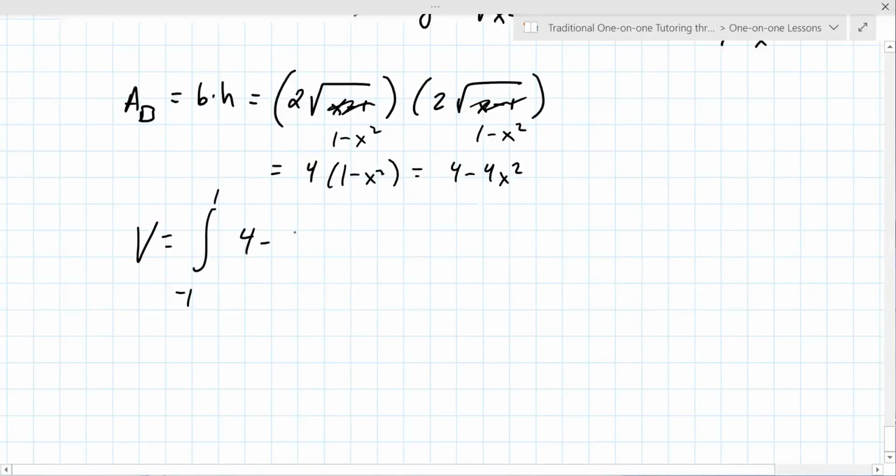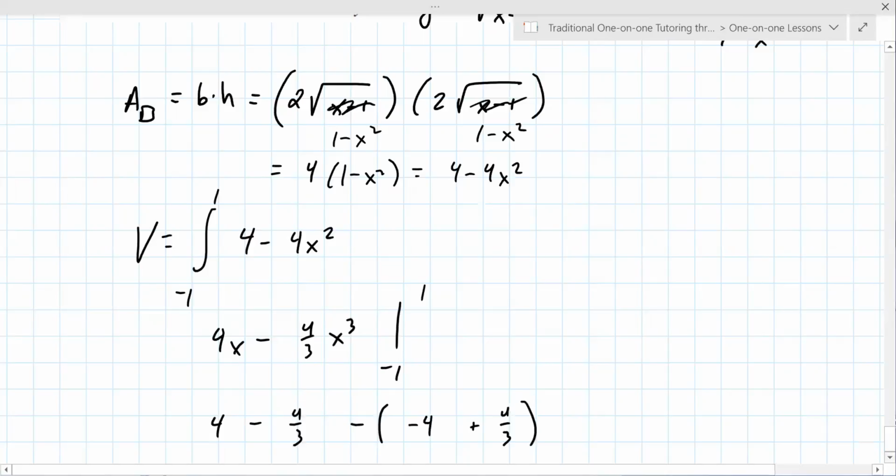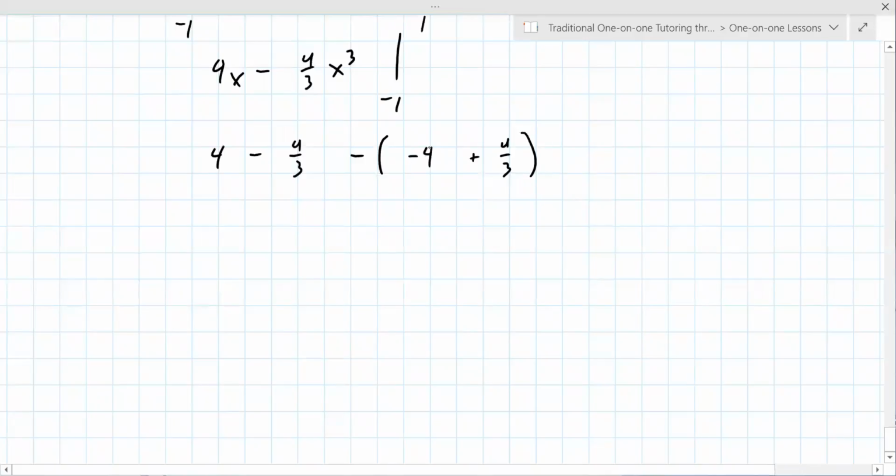4 minus 4x squared. So that's 4x minus 4/3 x cubed from -1 to 1. So this one will work out a lot better. 4 minus 4/3 minus negative 4 plus 4/3. And whenever you're mixing whole numbers and fractions, like this one becomes plus 4.